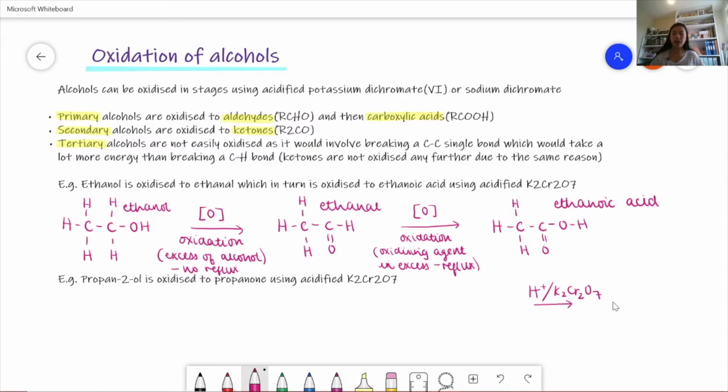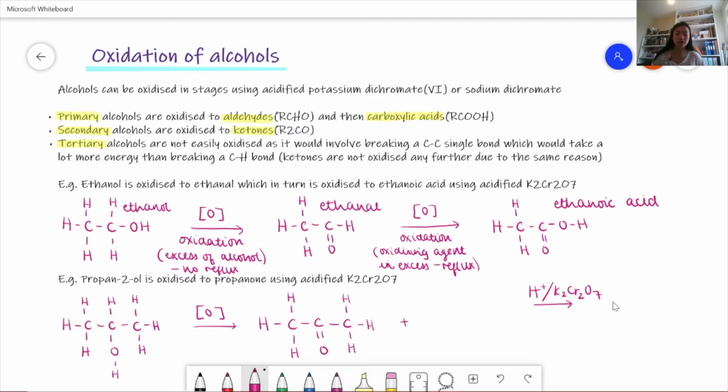So what we have is propan-2-ol, CH3, then CH, and this time we have the OH on this carbon, and then a CH3, and then we're going to use this square bracket and the O again, and we're going to form the propanone, so CH3, C double bond O, and then CH3.